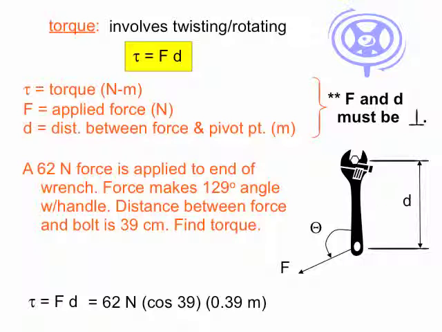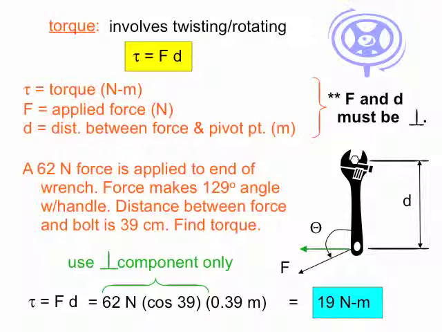So use cosine 39. Why? You only need the perpendicular component, remember? And your answer is 19 Newton meters. That's the torque being applied.